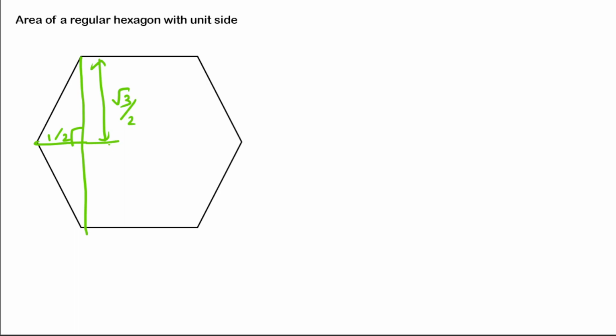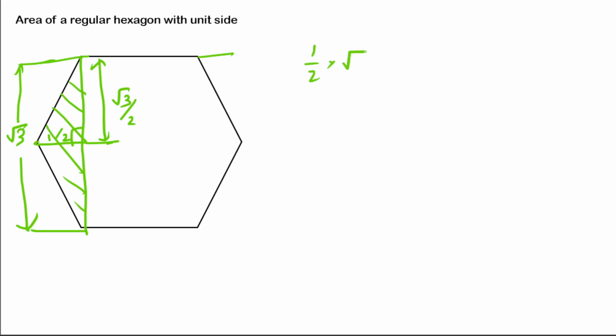Because this is root 3 by 2, this complete length is double of that, so this is root 3. Now the area of this triangle is going to be half into base, which is root 3, and into height, which is half, so it is root 3 by 4.